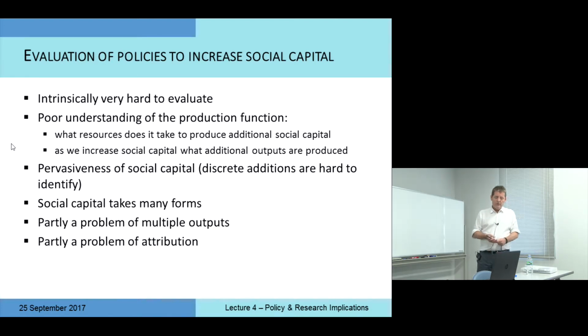One of the problems, I think, is the pervasiveness of social capital. It's everywhere around. So it's quite hard to identify discrete additions to social capital. Now, if we compare that to introducing a new drug therapy, we'll have data on existing treatments, we introduce a new drug, and we can collect data on how things change. It's a discrete change.